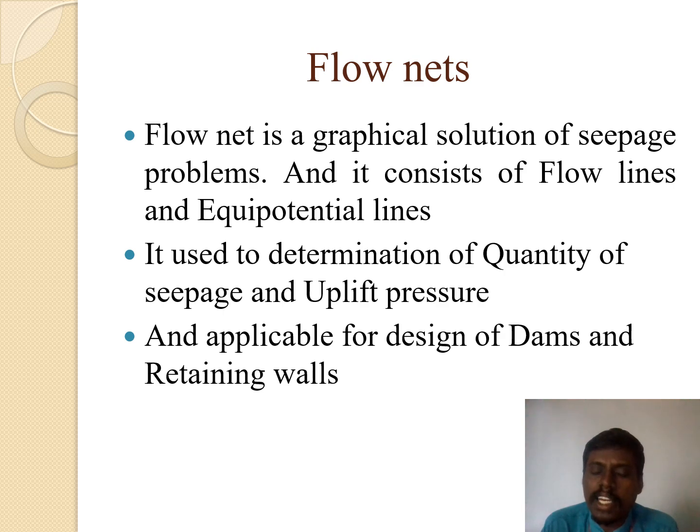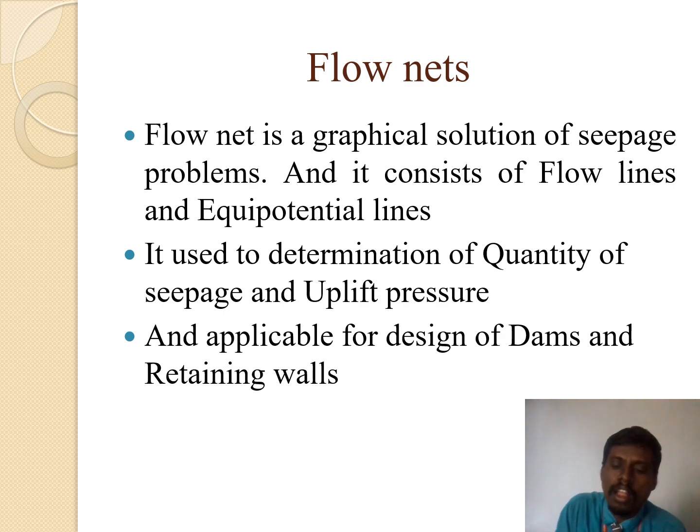Before constructing a dam, a retaining wall or any water-retaining structure, first we have to know about the seepage: what is the pressure induced in the soil by the water, and what is the hydraulic gradient. Based on that only, we derive the quantity of seepage at the bottom, and only then we produce some basement.